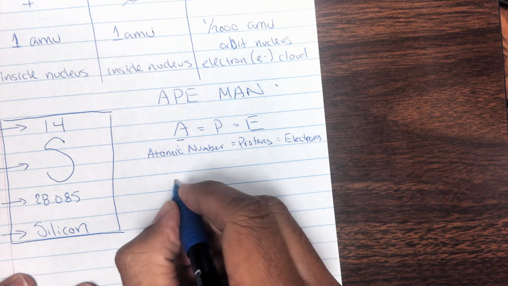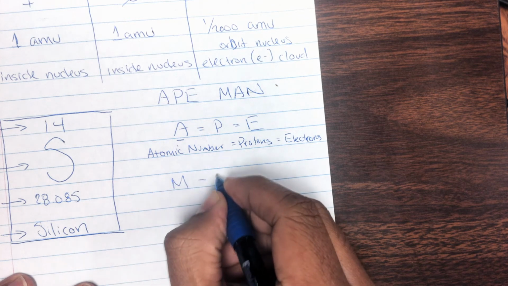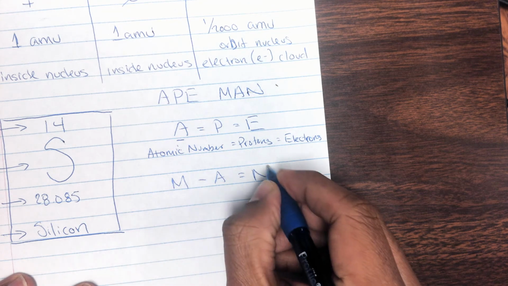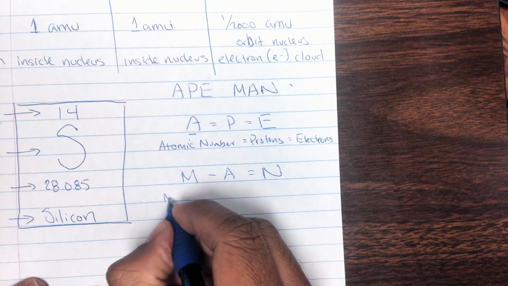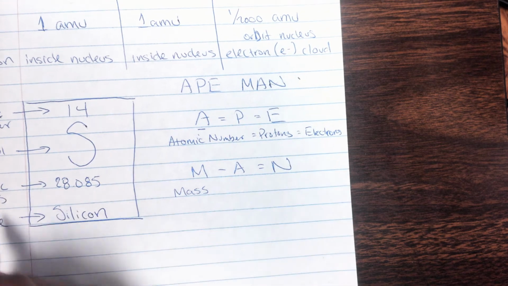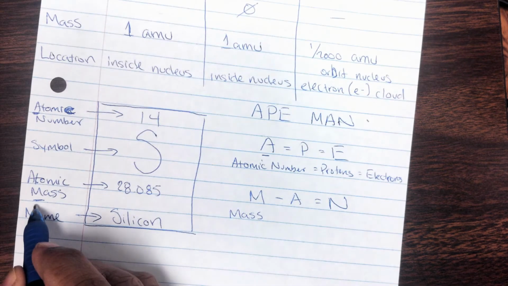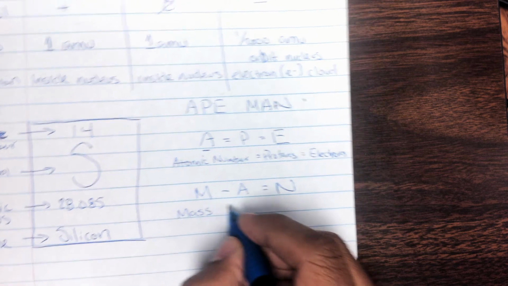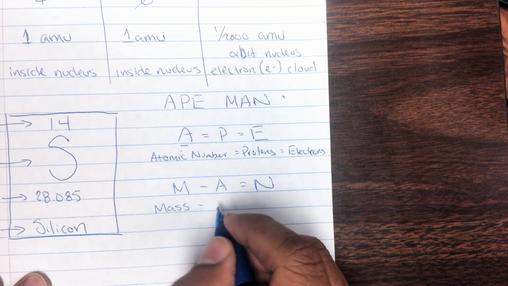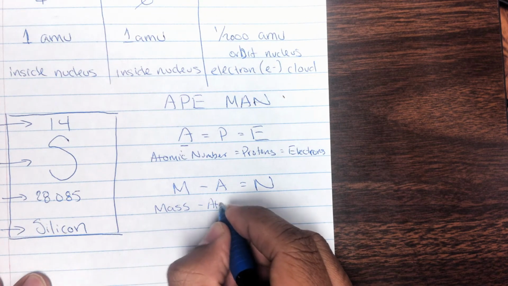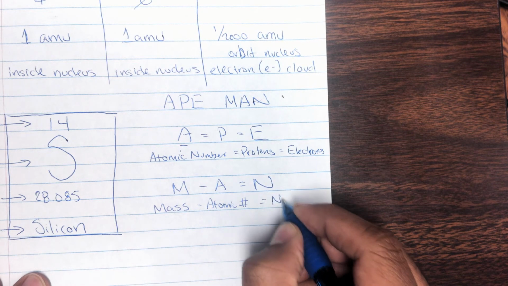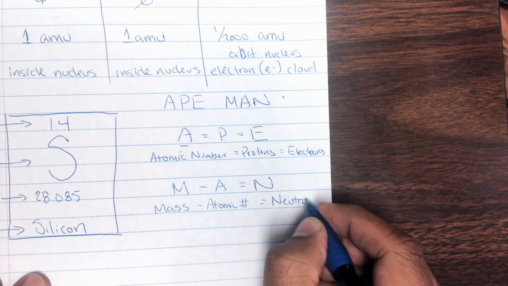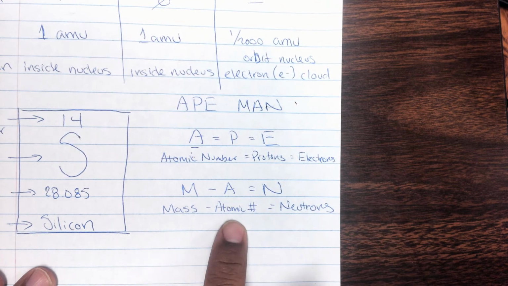MAN stands for M minus A equals N. That stands for mass, which is right there, minus the same A, atomic number, equals the number of neutrons. Mass minus atomic number equals number of neutrons.